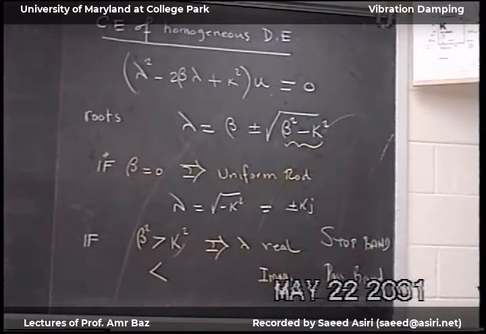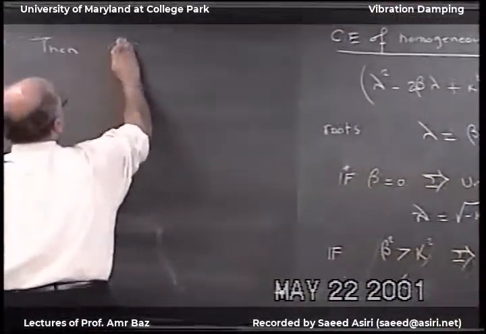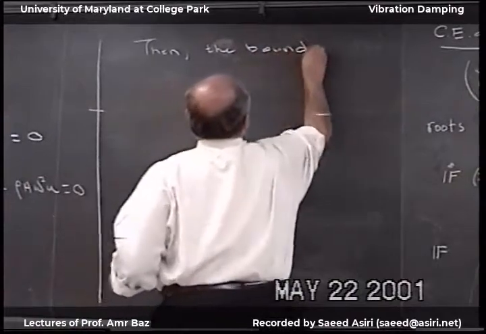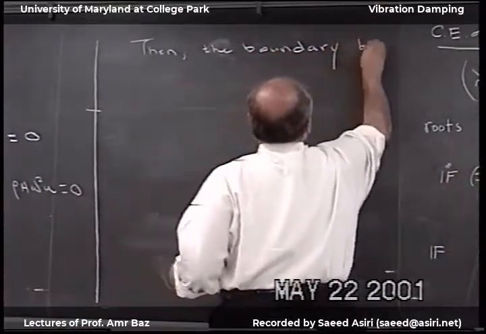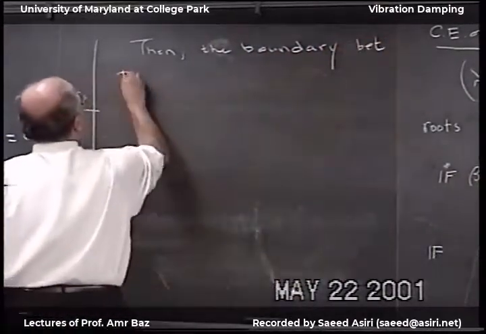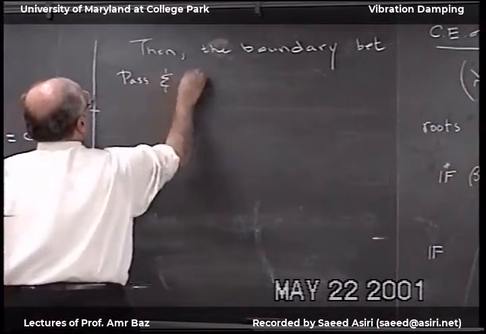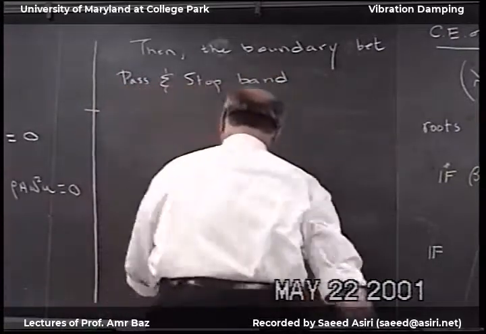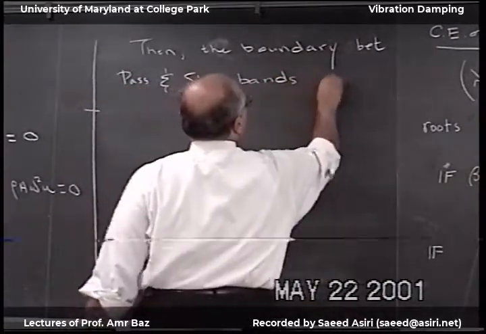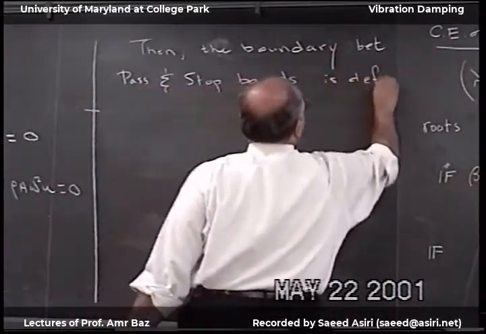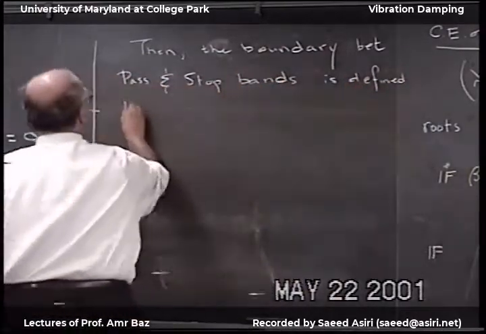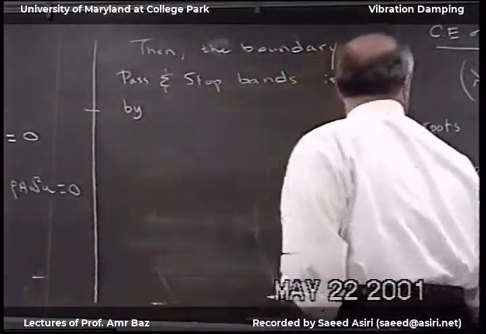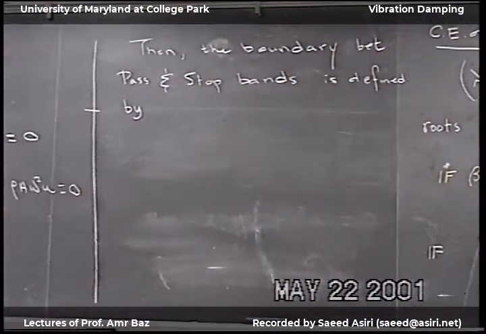Then the boundary between the pass band and stop band is defined by k squared equal to beta squared.